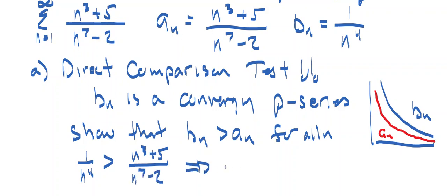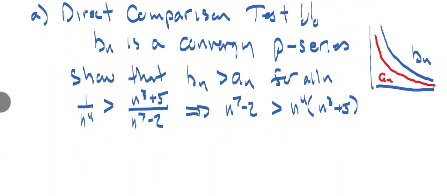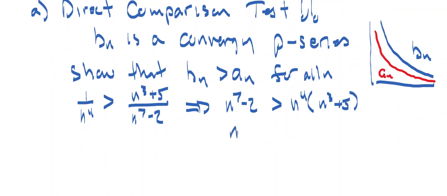Or in other words, cross-multiplying, n to the 7th minus 2 times 1 has to be greater than n to the 4th times n cubed plus 5. Well, what that means is that n to the 7th minus 2 has to be greater than n to the 7th plus 5n to the 4th.